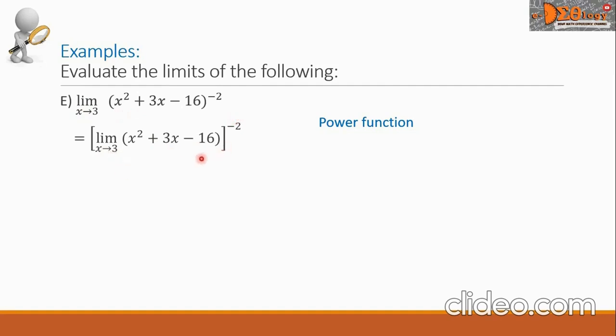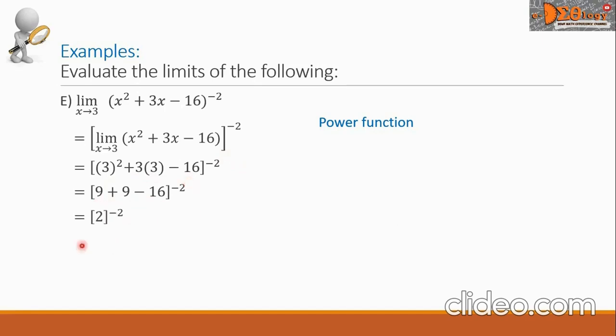Evaluating the limit now, let us substitute the value 3 to the x. So we have 3 squared plus 3 times 3 minus 16, and the negative 2 power is here. 3 squared is 9 plus 3 times 3 is 9 minus 16, all raised to negative 2.